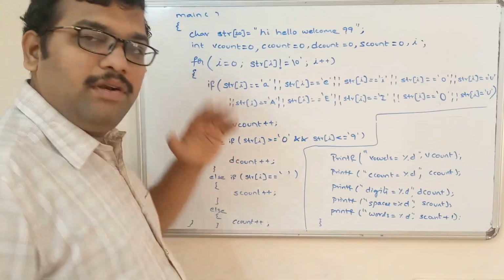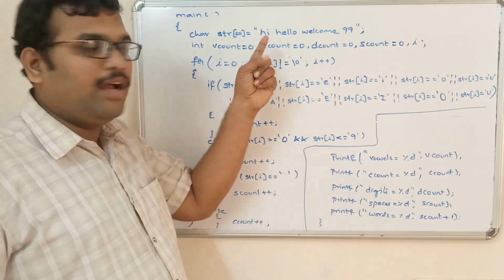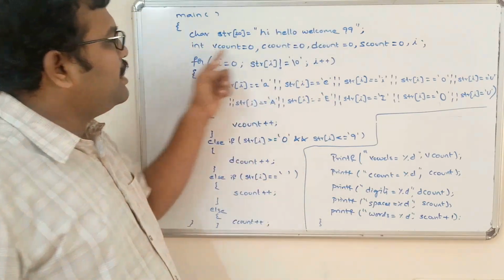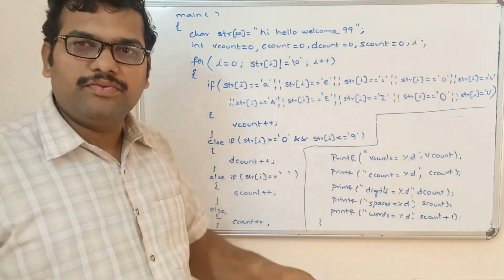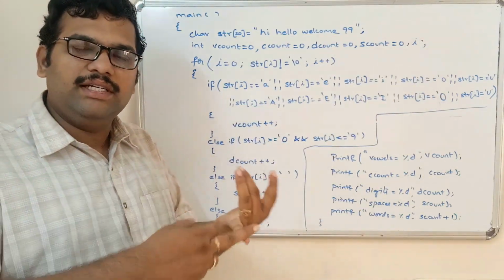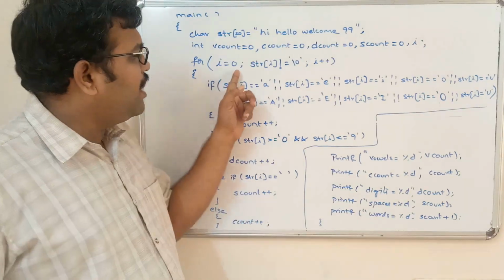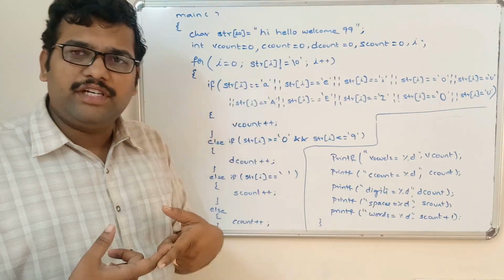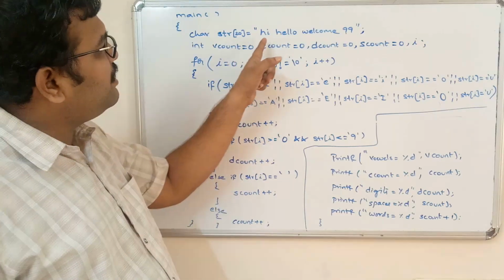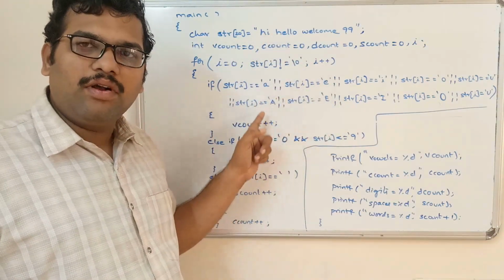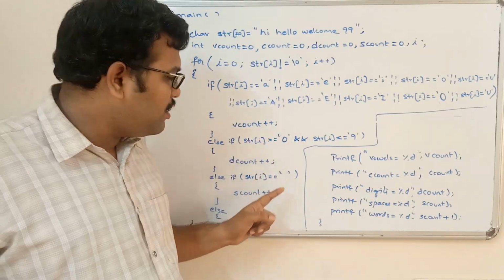So for simple understanding, I have taken just direct initialization, and then initialize different counts, because we have to count vowels, consonants, digits, spaces, words, etc. And we have to use the iterative statement, so that we compare each and every character with these vowels or consonants or digits.